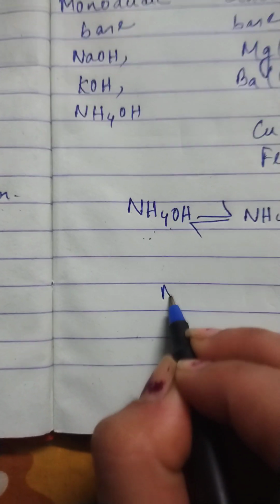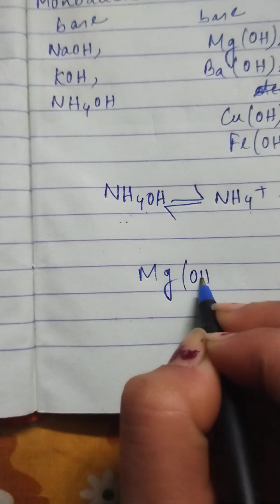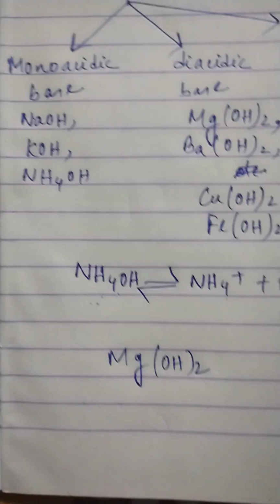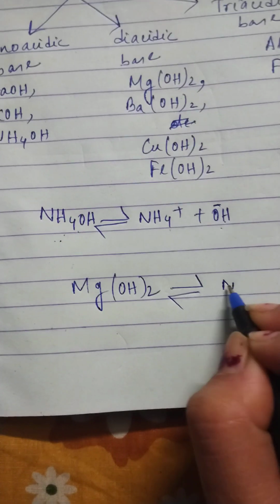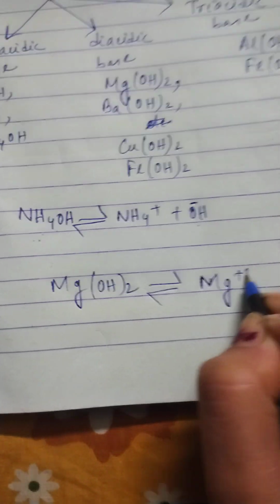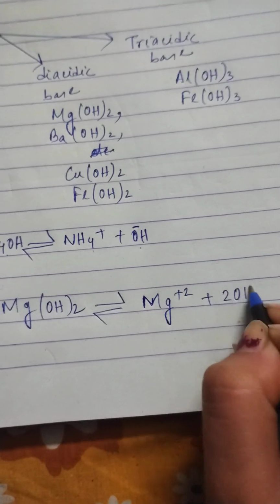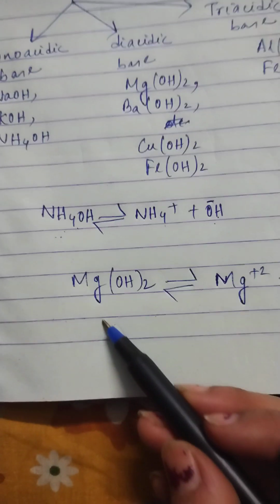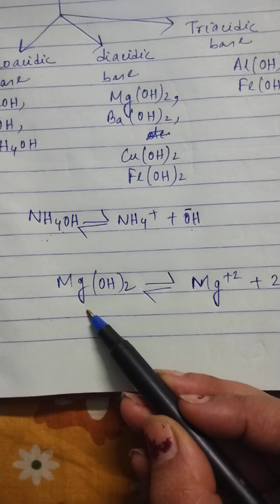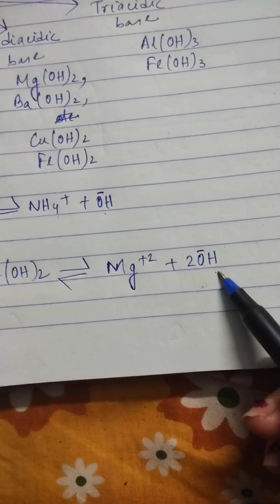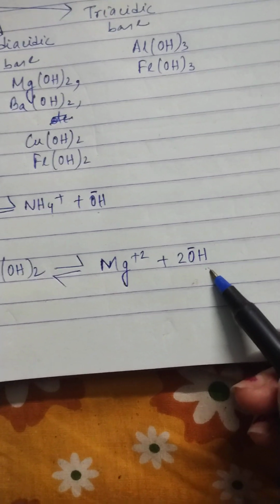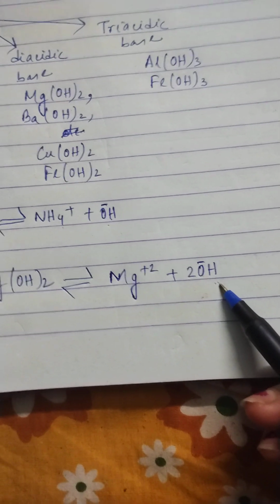For example, magnesium hydroxide will dissociate in aqueous medium to produce 1 magnesium cation and 2 hydroxide ions. That means from one molecule of magnesium hydroxide we are getting 2 hydroxide ions. So 2 hydroxide ions are available to neutralize 2 hydronium ions.